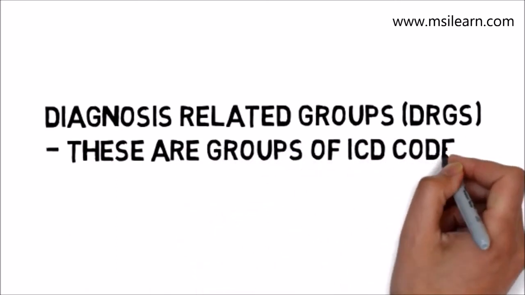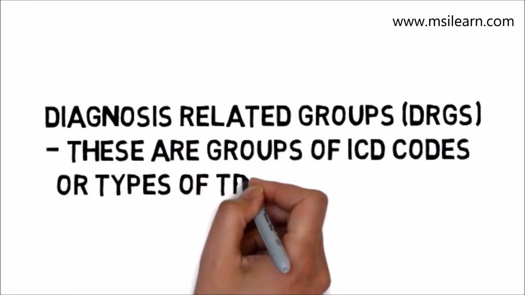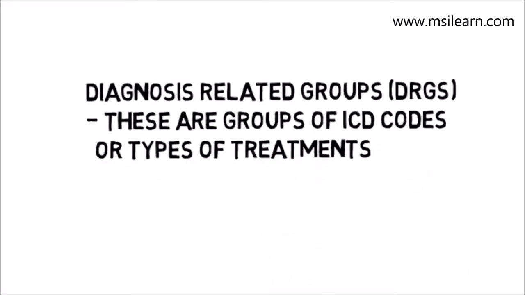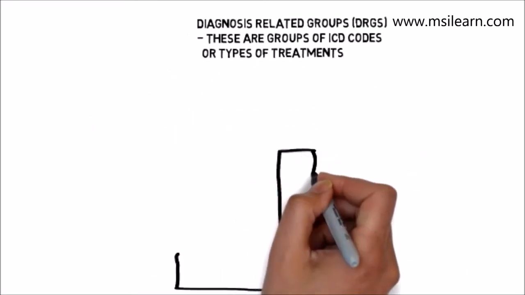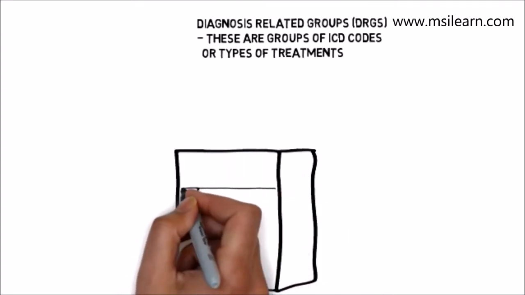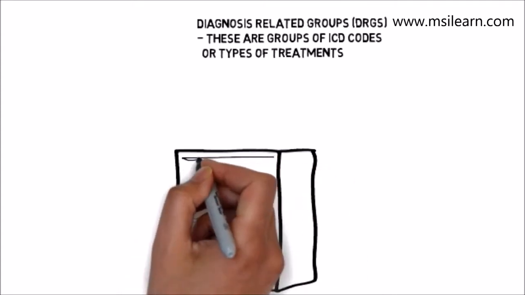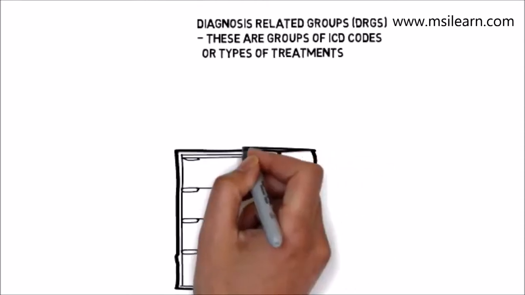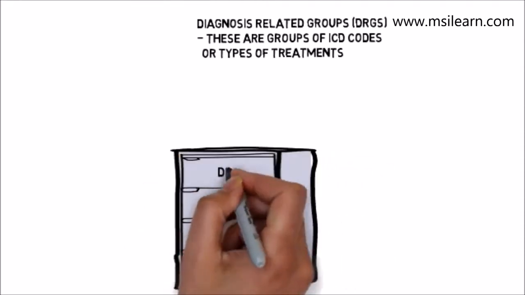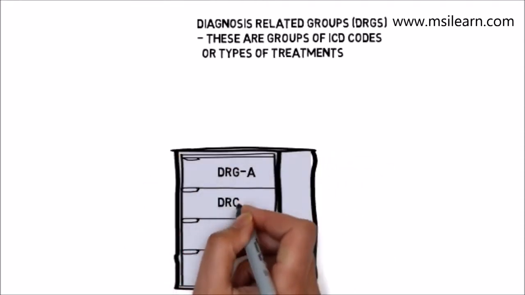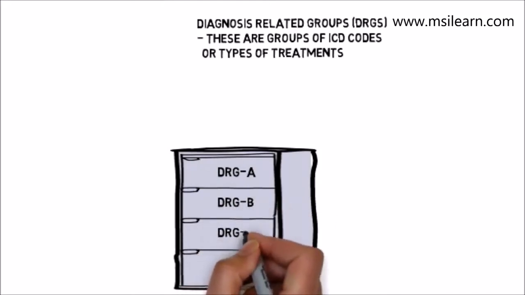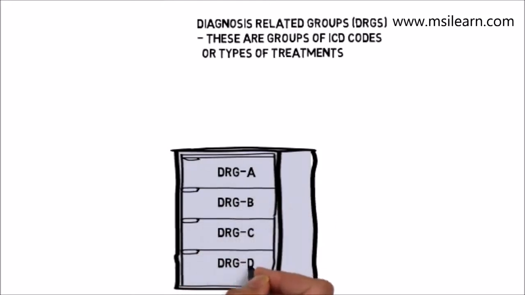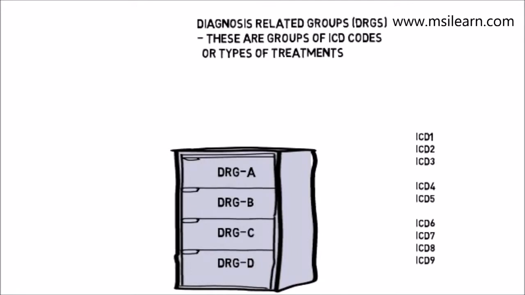So diagnosis related group, or in other words, also known as DRGs, are groups of ICD codes or treatment related codes. What that means is, let's say there are four different types of DRG groups. There is group A, there is group B, there is group C, and then there is group D. And we have several ICD codes that we are trying to group into different DRGs.